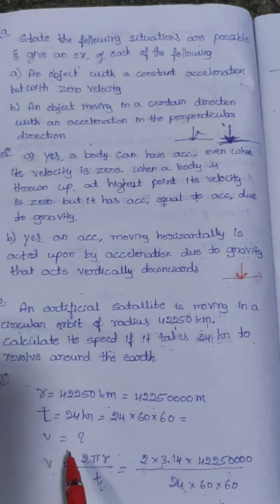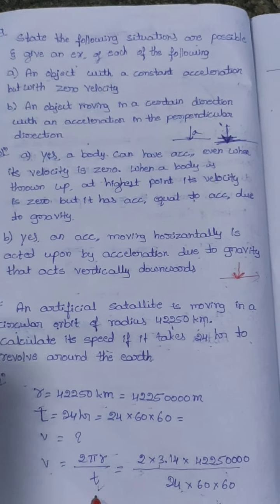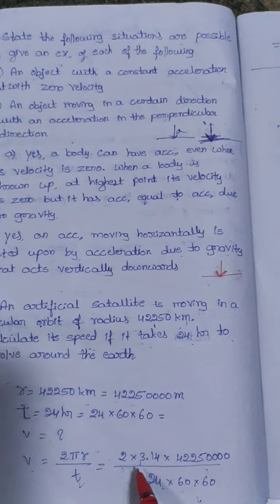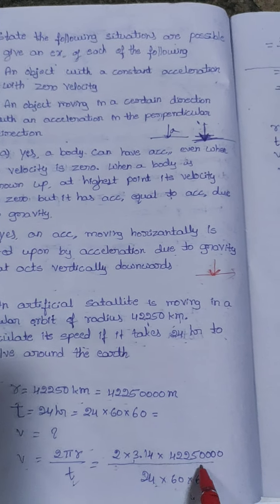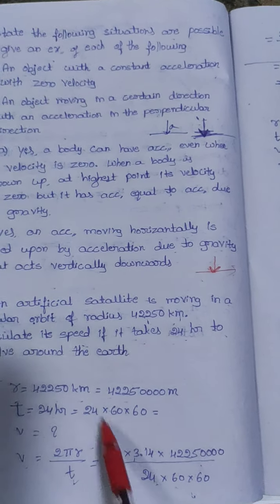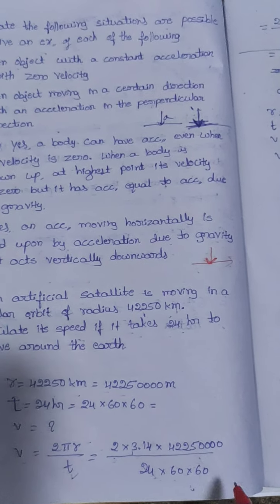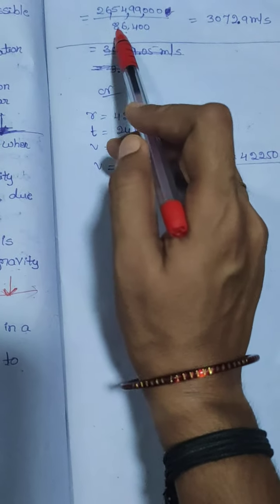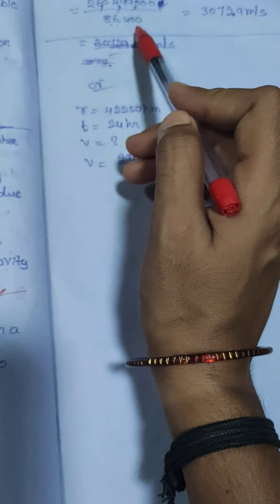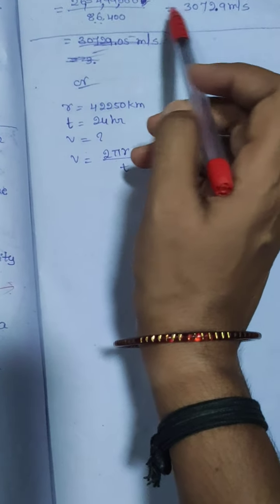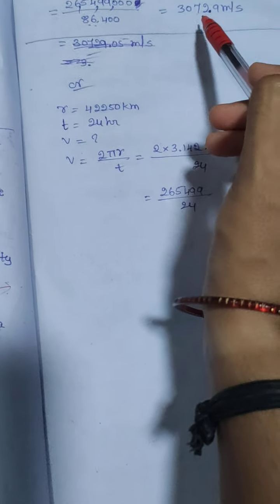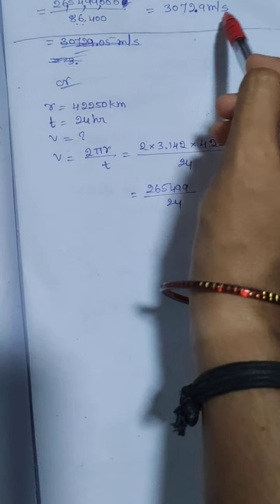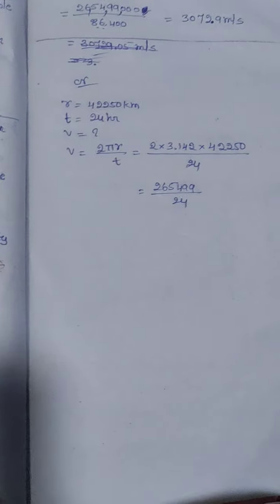We know the velocity formula in a circular path, that is 2 pi r divided by t. 2 is as it is, pi value is 3.142, r value is 42,250 into 1000, and time is 24 into 60 into 60, that is 86,400. If you divide this, we will get 3072.9 meter per second.